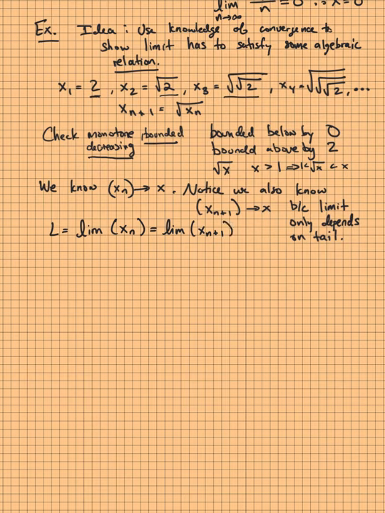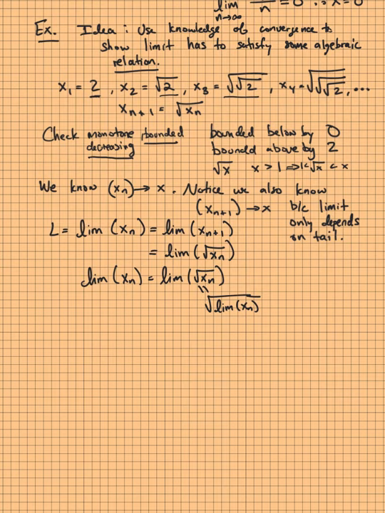But on the other hand, what we've defined is that x_{n+1} is the square root of the x_n's. So therefore, the limit of the x_n is the same as the limit of its square root. So what does this mean? Well, this is the square root of the limit of the x_n's.